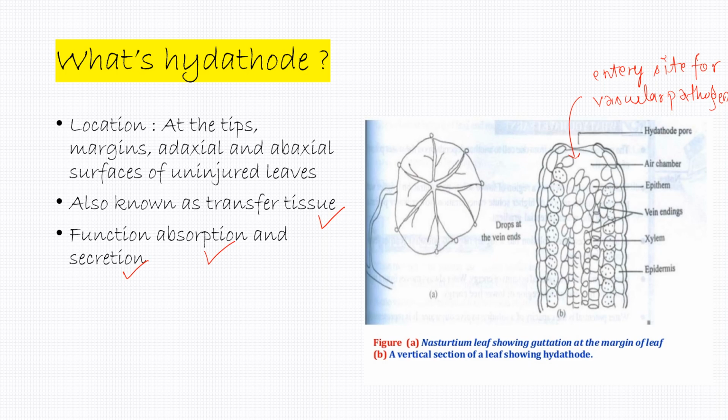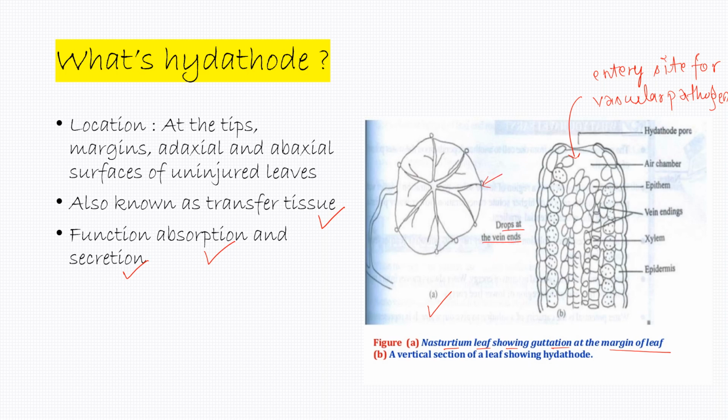Natural guttation is frequently noticed in the morning or in the evening. You can easily see this phenomenon in the morning time or the evening time. This is the figure of a nasturtium leaf showing guttation at the margin of the leaf, and drops at the vein ends.